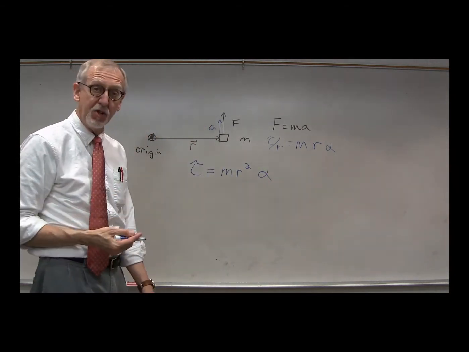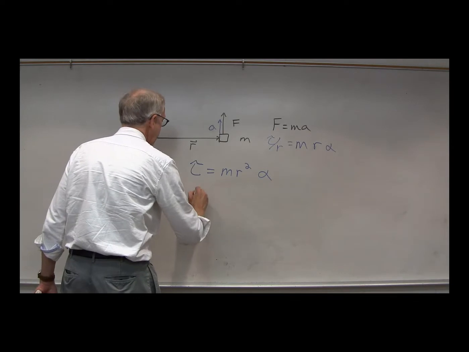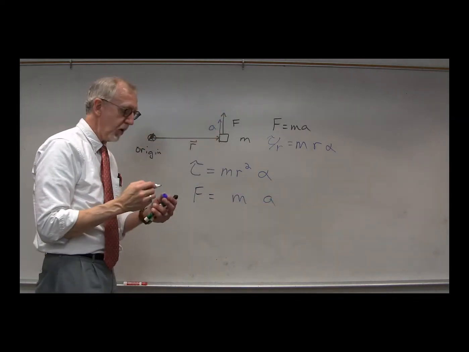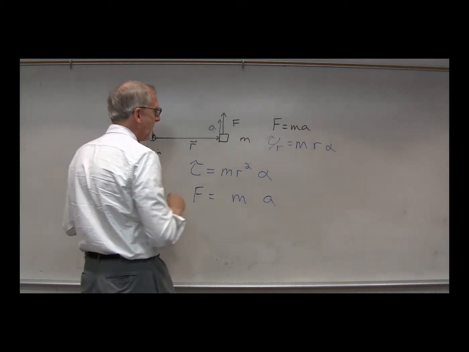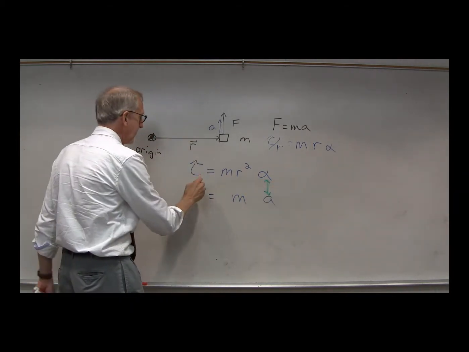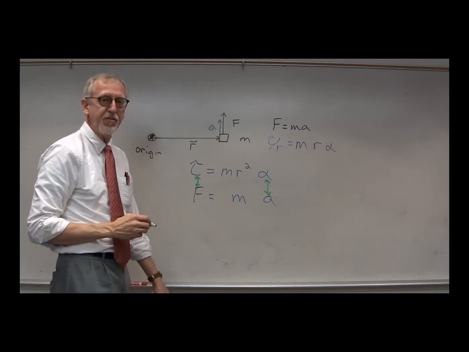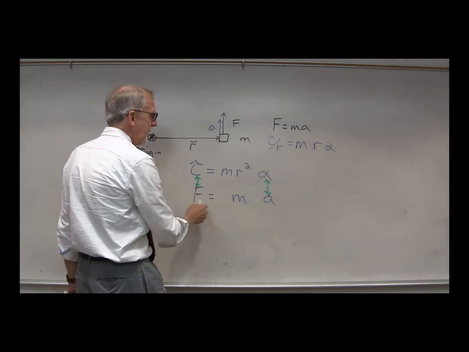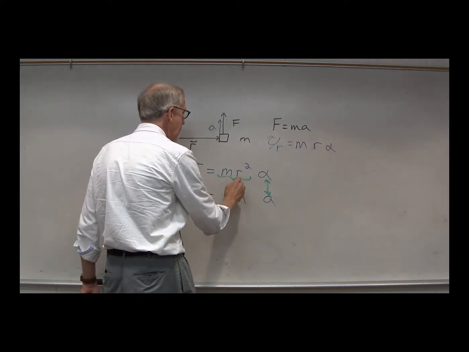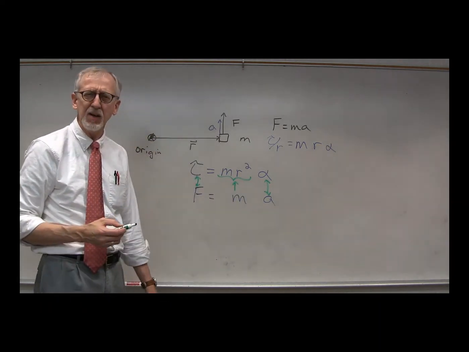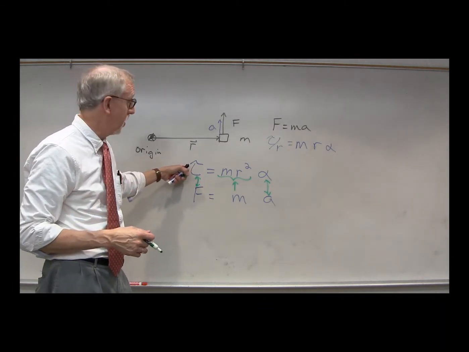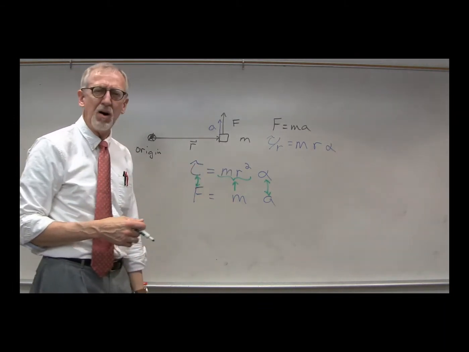Now, this kind of looks a lot like F equals ma, where we have these analogous quantities, a and alpha. We have these analogous quantities, tau and F, but m in F equals ma is replaced by this mr squared quantity in the rotational form of Newton's second law. Well, what is that, mr squared?